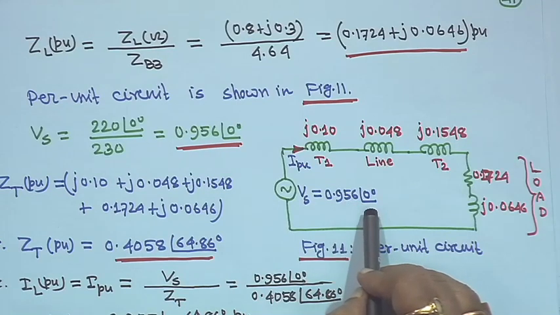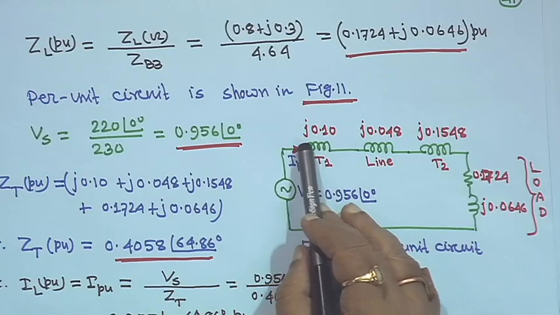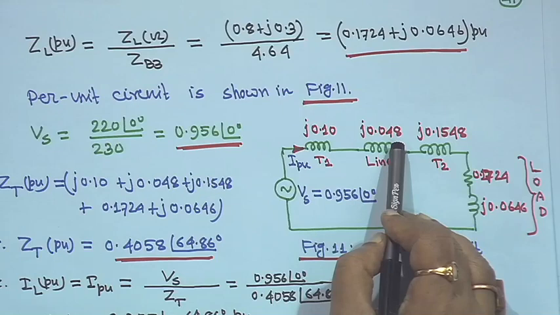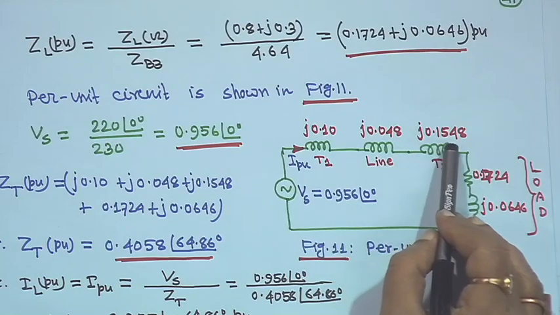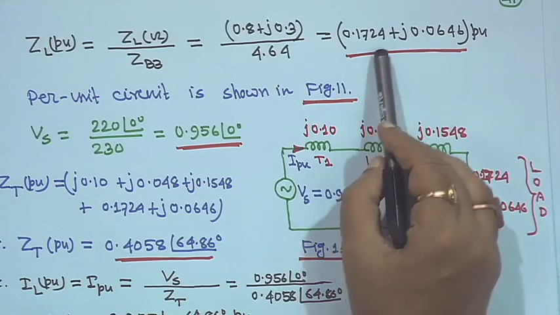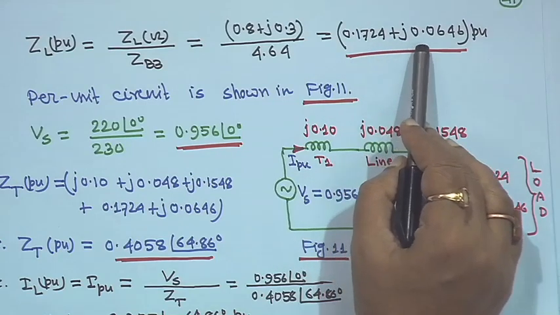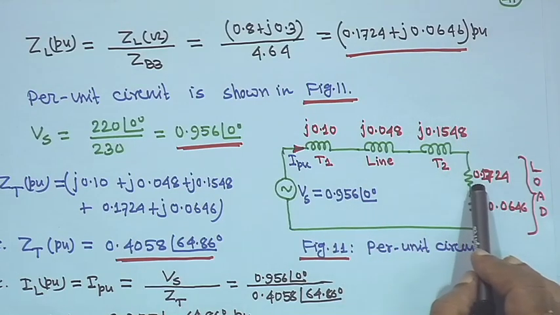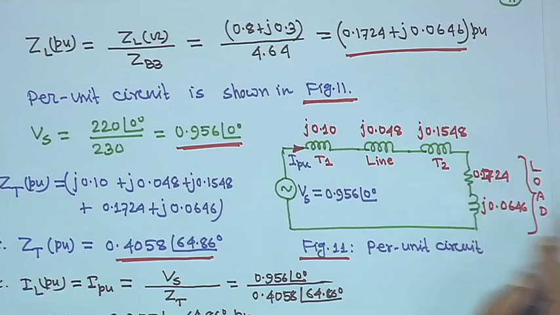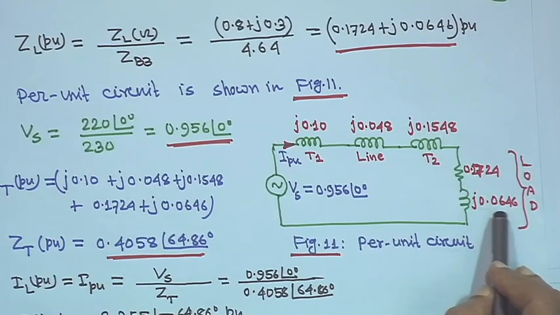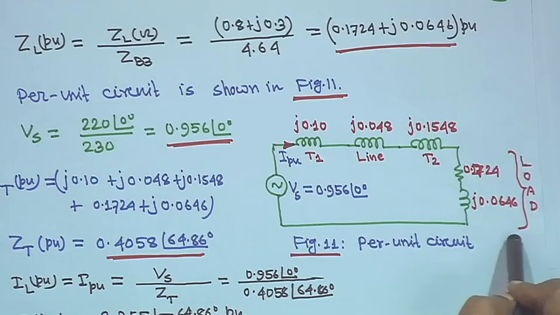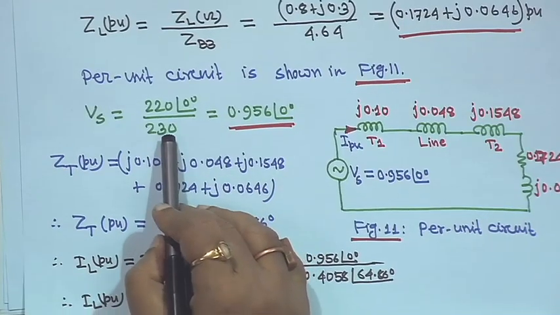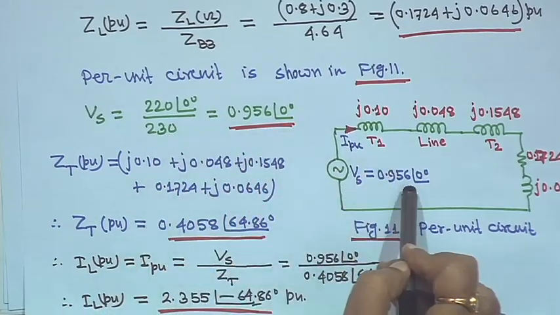For transformer T1 it is j0.10 as it is, for the line it is j0.048 per unit, for transformer T2 it is j0.1548, and for the load it is 0.1724 plus j0.0646 per unit. Here 0.1724 is the resistive part, because the load is inductive, and j0.0646 is the reactive part of the load. This is the per unit diagram. Vs is 220 angle 0 upon the base of 230, so 0.956 angle 0, as I have told you.